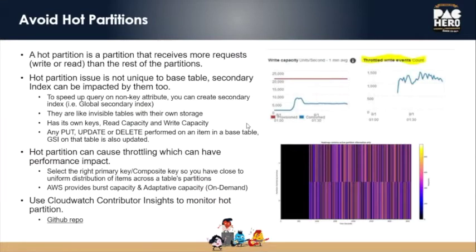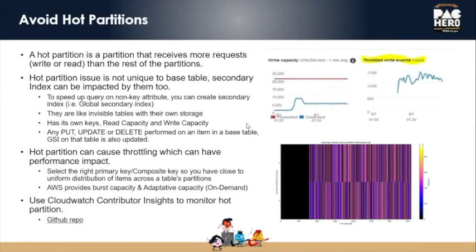So what exactly is a hot partition? Remember I mentioned that DynamoDB is optimized for uniform distribution. Chances are when you're designing, in most cases, you're not going to have a uniform distribution. So there are partitions that might receive more requests, read or write, than the rest of the partitions.